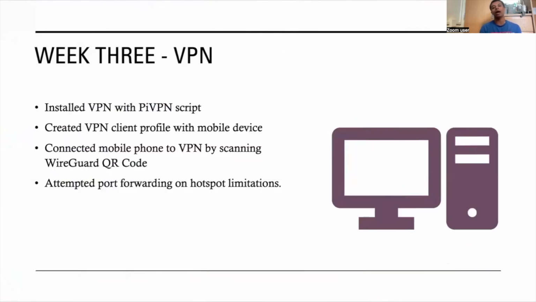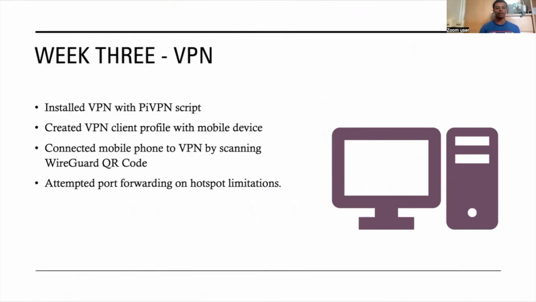Week three involved the VPN. This was the one that I had to stick with and show a lot of perseverance through, but we got there. First, much like the Pi-hole, I installed the VPN with the PiVPN script, which is similar to the Pi-hole script. After that, I created my VPN client profile for my mobile device right here.